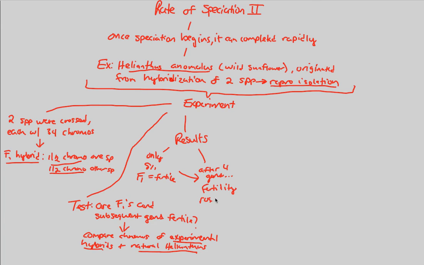So fertility rose to 90%, meaning that 90% of the descendants of this F1, of which originally only 5% were fertile, were fertile after the 4th generation. That is a huge 85% increase over a short period of 4 generations, which can be seen and is established in the lab.